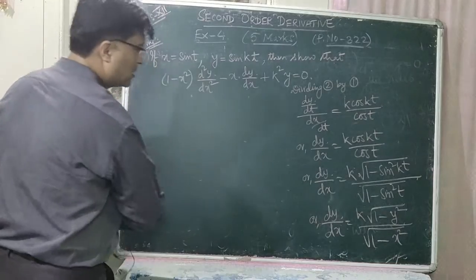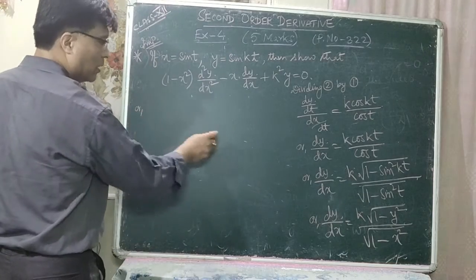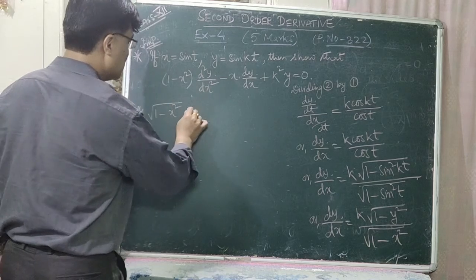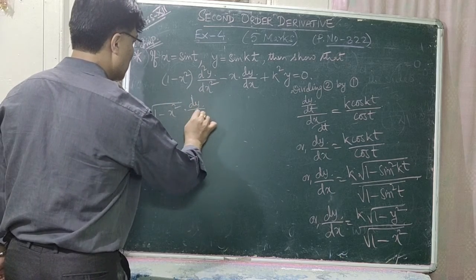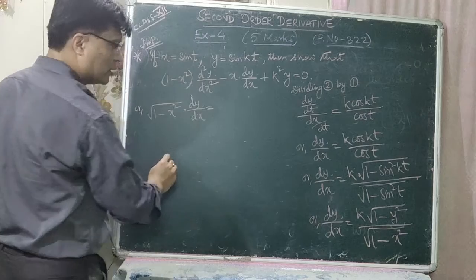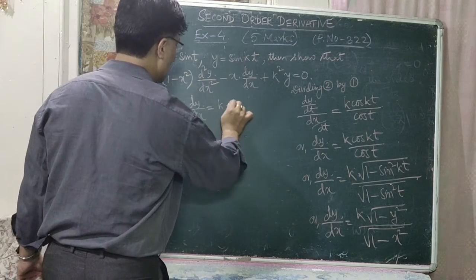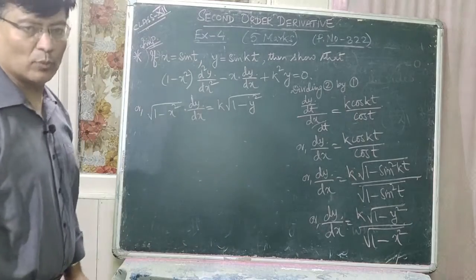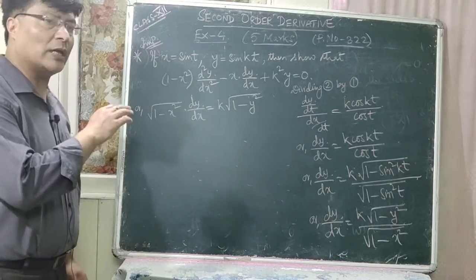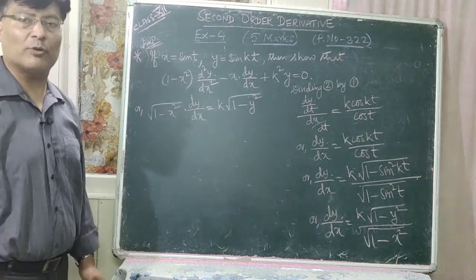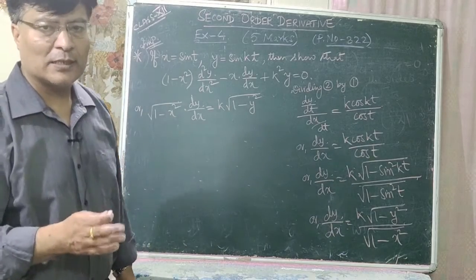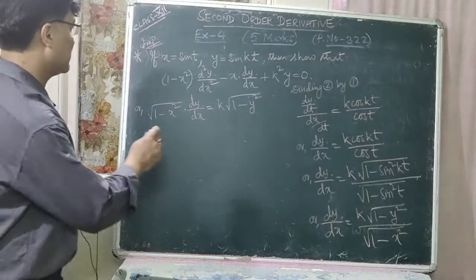You do cross multiplication here, or this is your root over 1 minus x square into dy by dx, which is equal to k into root over 1 minus y square. Okay, so now you can remove square root from both the sides. So how can you remove square root from both the sides? You have to square both the sides.